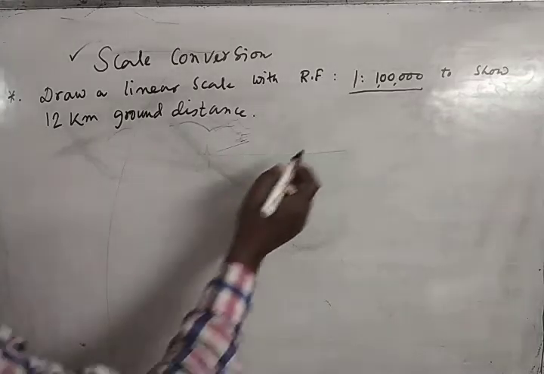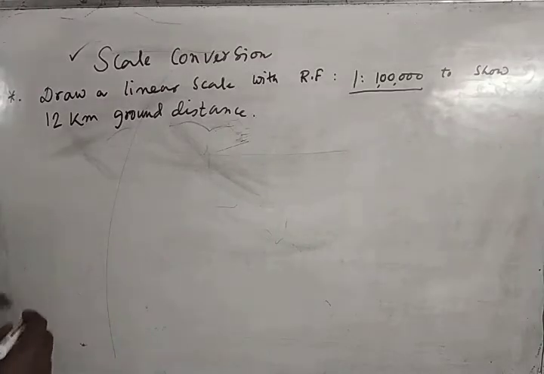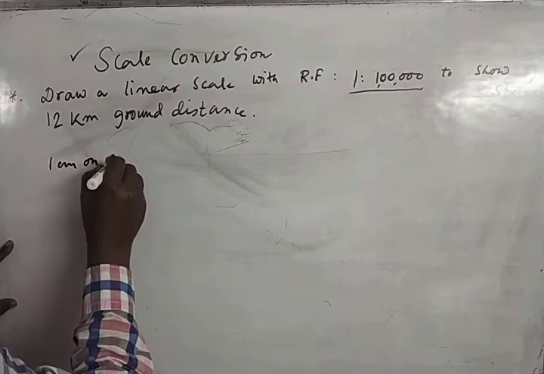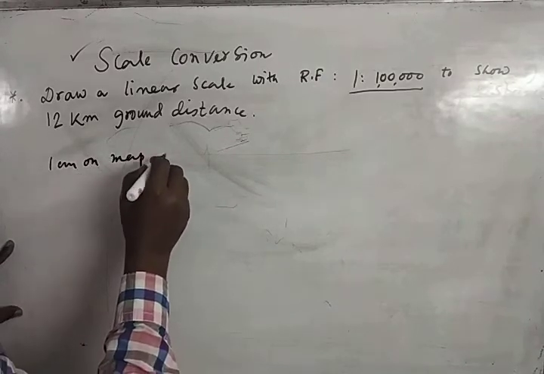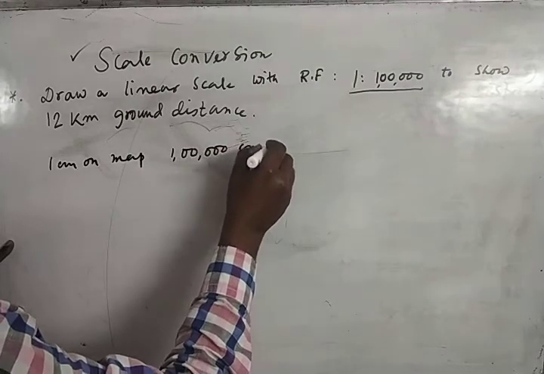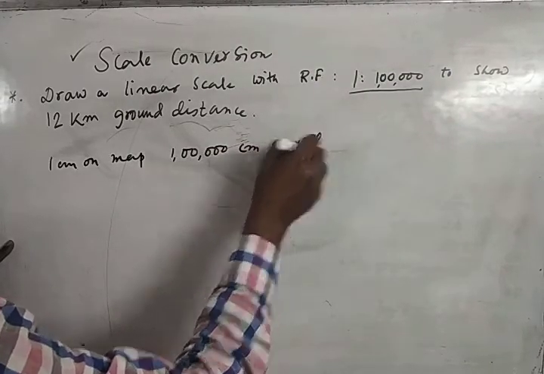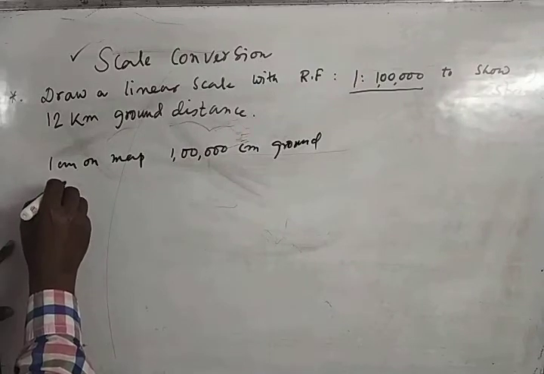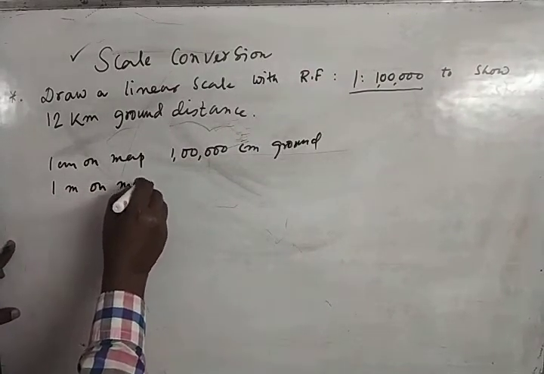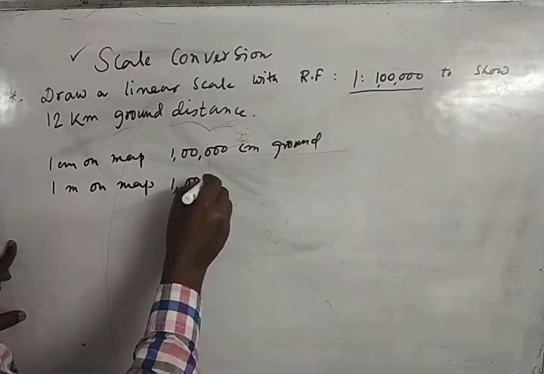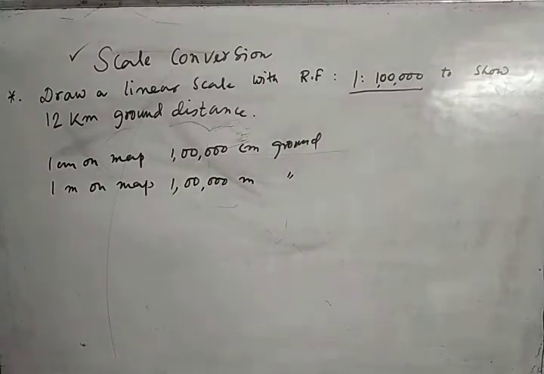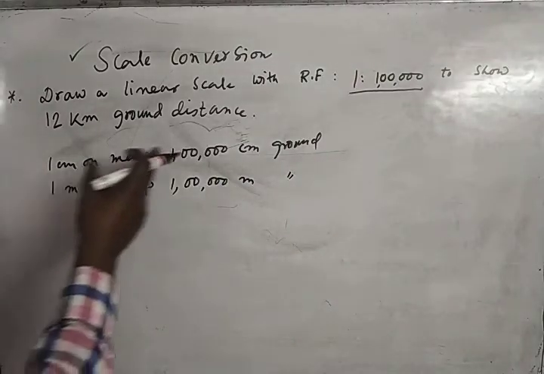Yes, it is correct. 1:1 lakh means if it is 1 centimeter on map, then it will be 1 lakh centimeter on ground. Or it may be 1 meter on map, again 1 lakh meter on ground. So it is nothing but the map distance and ground distance.